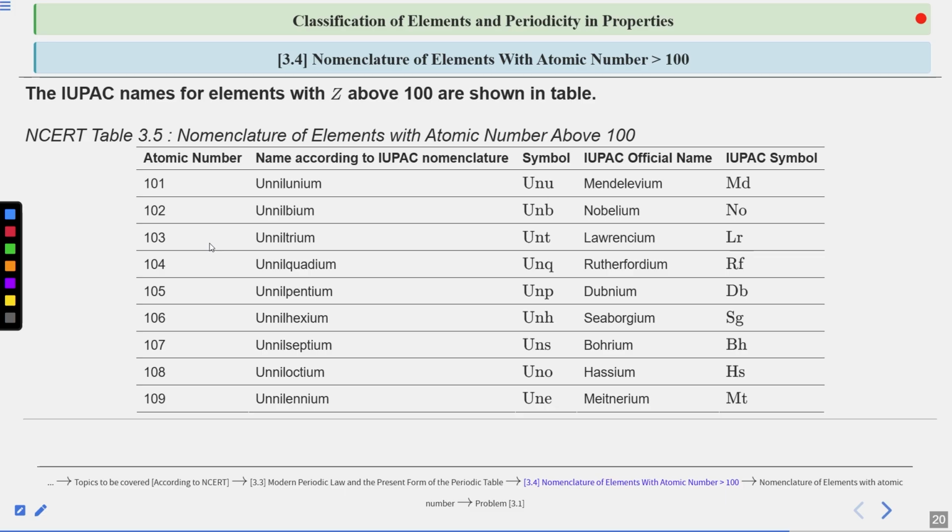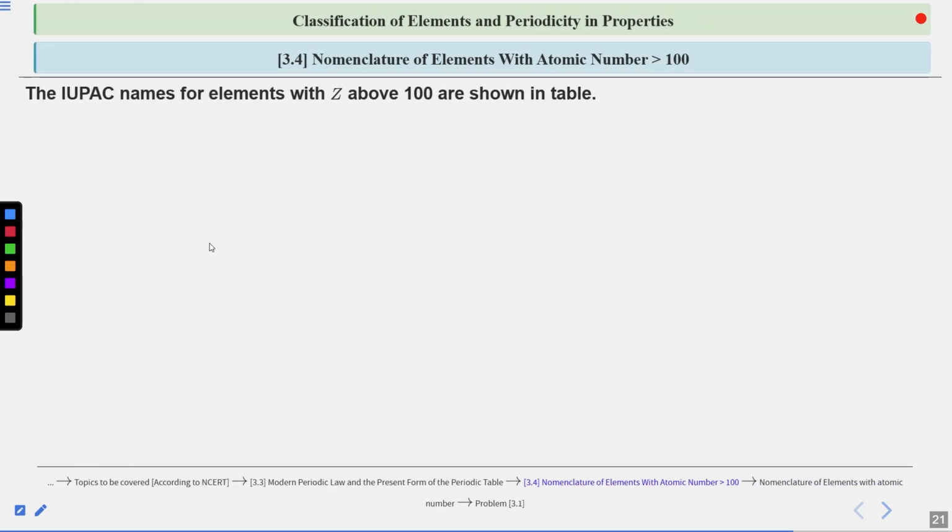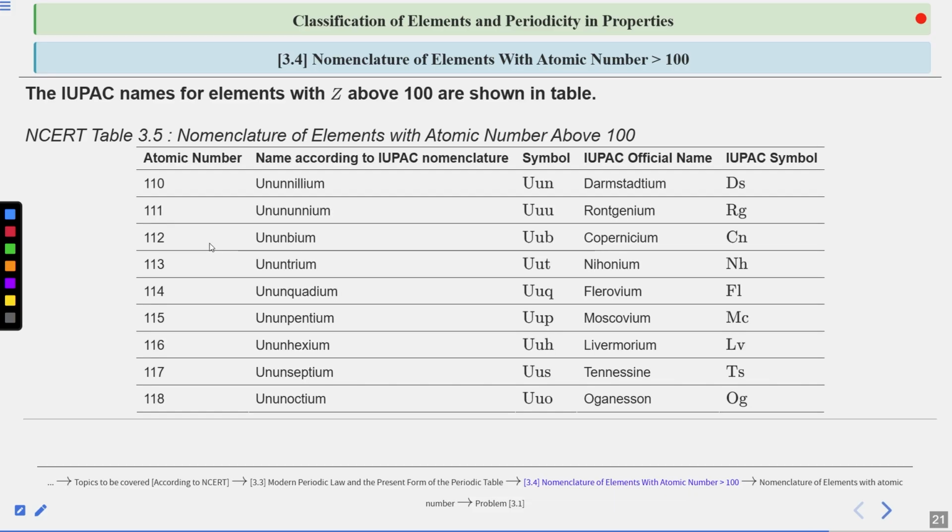The first ones are Mendelevium, Nobelium, Lawrencium, Rutherfordium, Dubnium, Seaborgium, Bohrium, Hassium and Meitnerium. These are the remaining elements which end at 118. Darmstadtium and then Roentgenium and so on. You must know how to write the IUPAC nomenclature, and it's very easy, I guess.